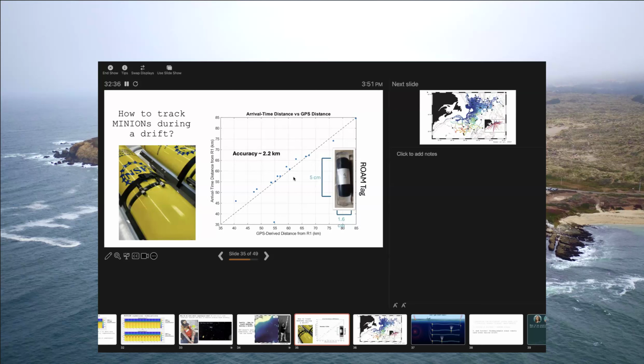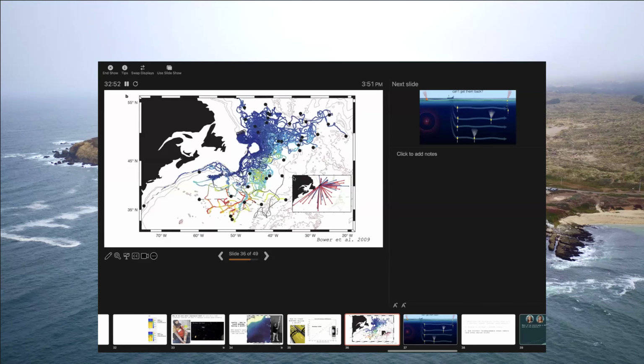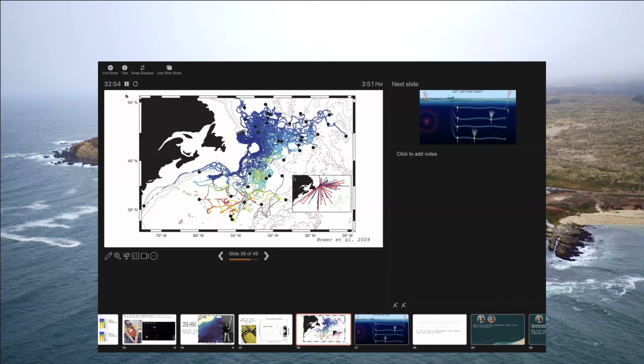And so it could be used on lobster, like the crab carapaces before they molt, or other pelagic fishes, anything that doesn't routinely come up to the surface. It could be a potential for this type of application.